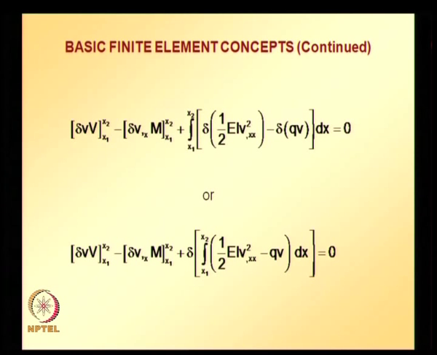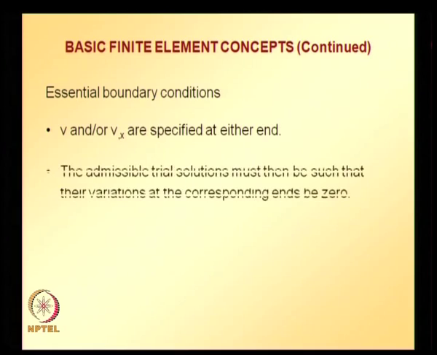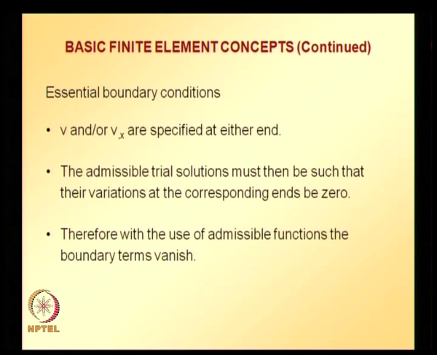So, with that reasoning, the first two terms get cancelled if essential boundary conditions are specified. This is the reason the admissible trial solution must be such that its variation at the corresponding end should be 0.